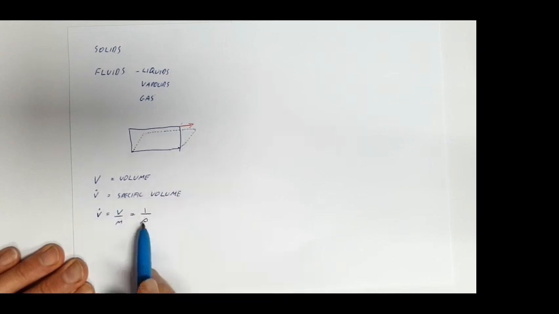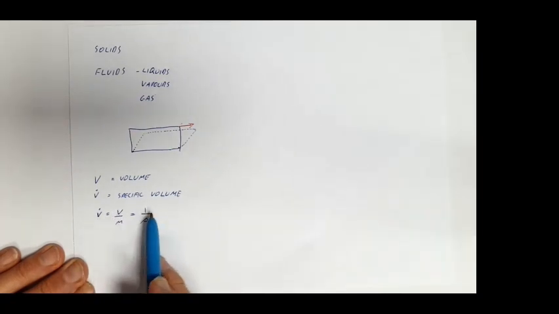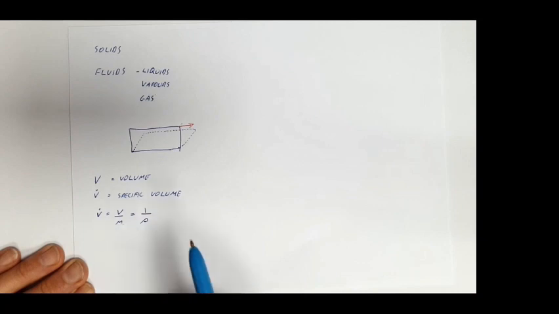Okay, so we're used to saying density equals mass over volume. So therefore volume over mass must simply be the inverse of density. Okay, so specific volume, volume over mass, the inverse of density. So in order to get specific volume, simply take the volume and divide it by the mass.